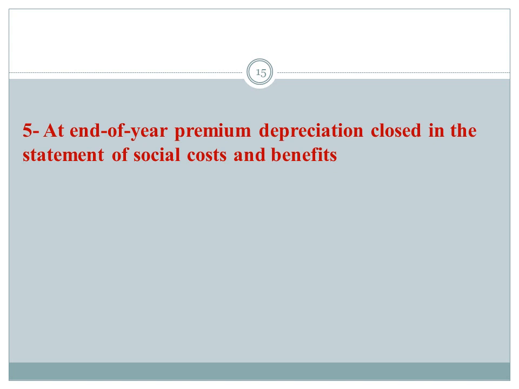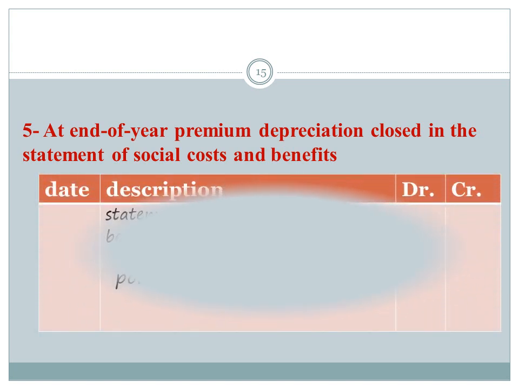Premium depreciation will be closed in the statement of social costs and benefits. Premium depreciation firstly will be in the debit side, accumulated in the credit side. When we want to close the premium depreciation, it will be in the credit side, and the statement of social costs and benefits will be in the debit side as follows.